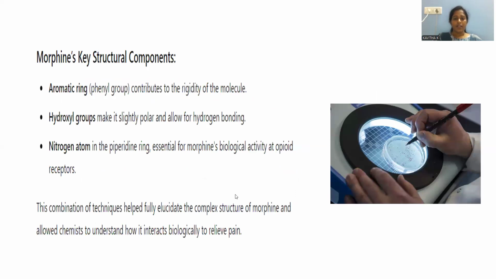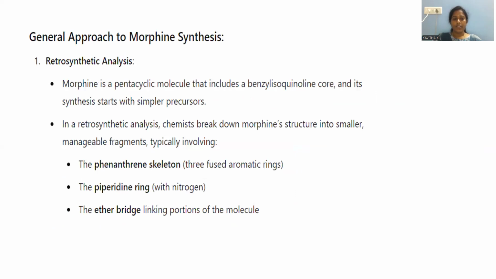This is the way biological reactivity can be predicted. Retrosynthesis is applied in order to convert the complex morphine molecule into individual fragments: the phenanthrene skeleton, a segregated piperidine ring, and the ether bridge also used to fragment. So this is the way fragmentation is carried out.